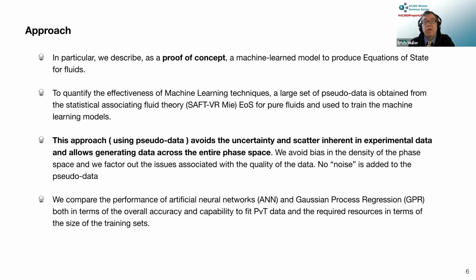And the question is if this is true, and if this is applicable to this particular case. And how about questions about accuracy and capability to fit the PVT data themselves? And what are the resources we would need in both of these cases?